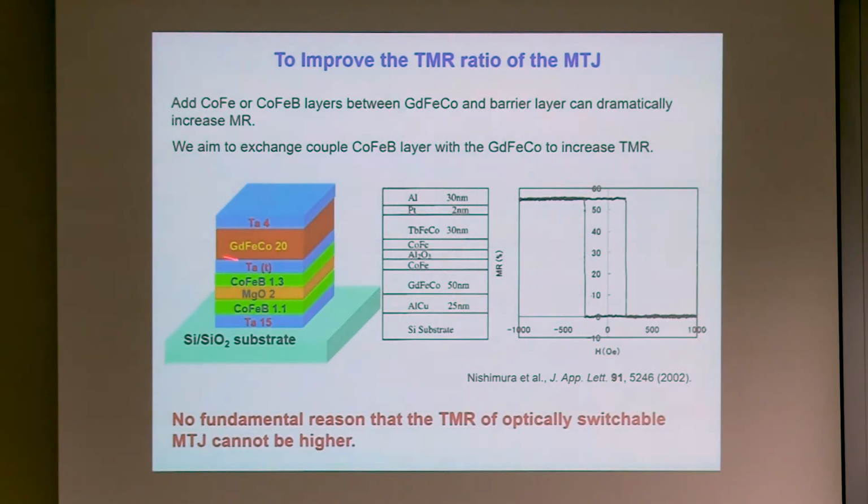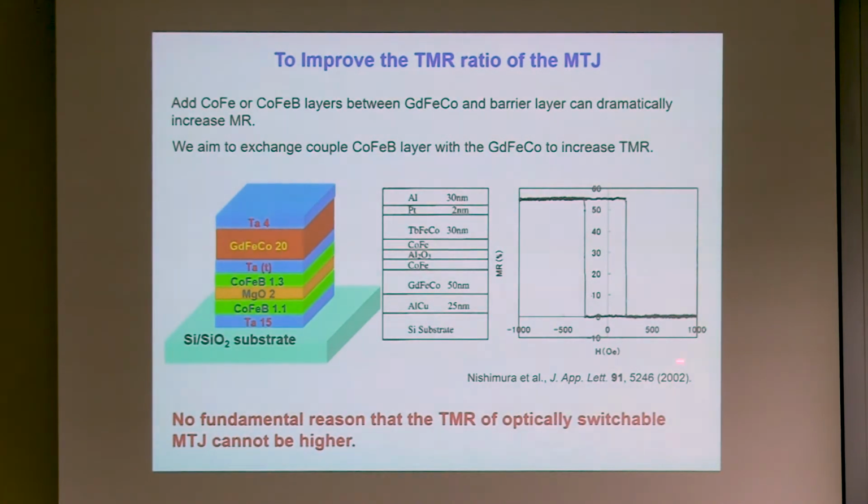And then you use the optically switchable layer, gadolinium iron cobalt layer, and allow them to exchange couple with each other. So switching the gadolinium iron cobalt layer with laser pulses then drives the switching of the cobalt iron boron layer, which actually contributes to the high TMR ratio.